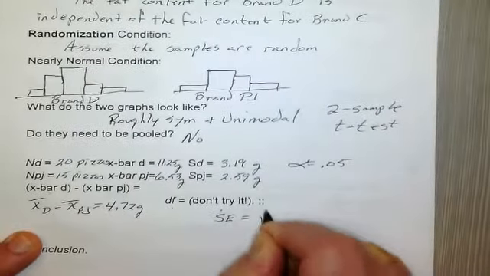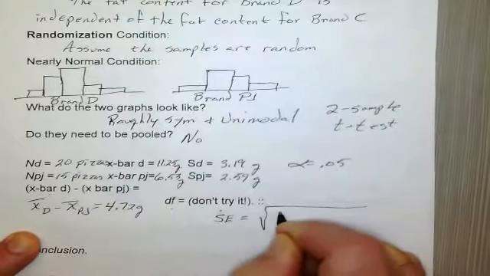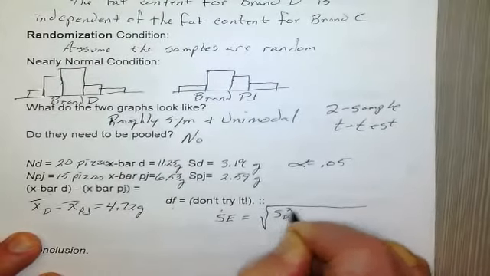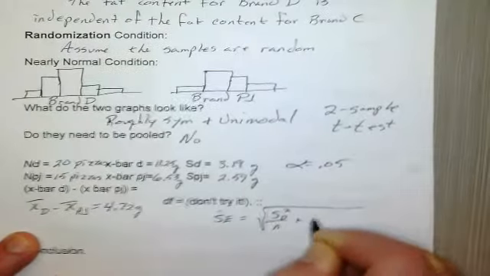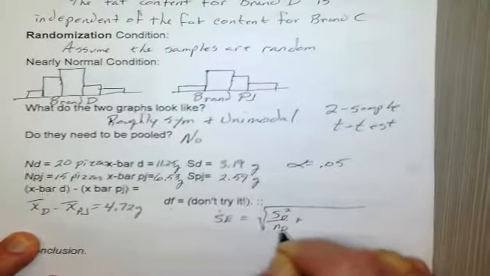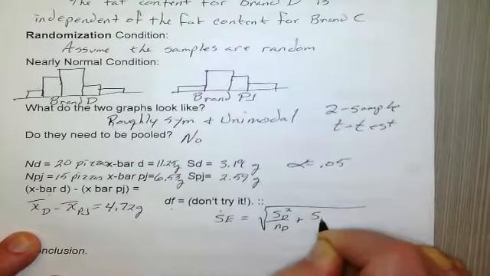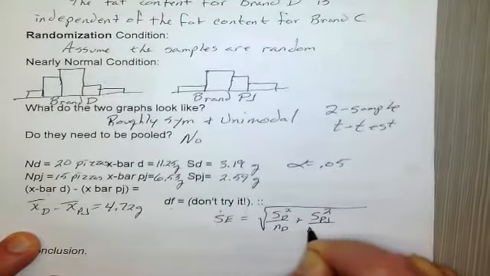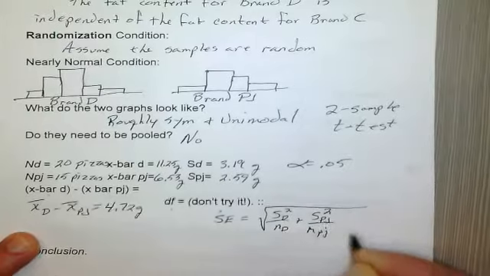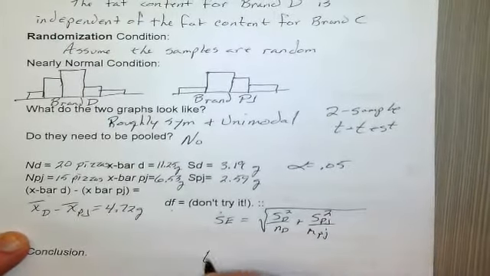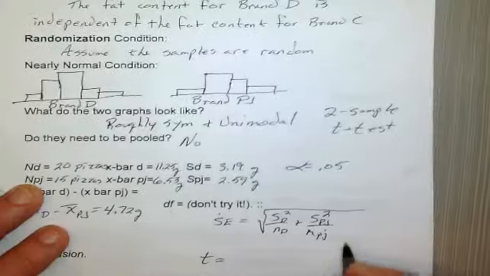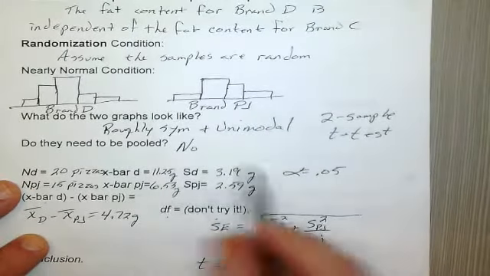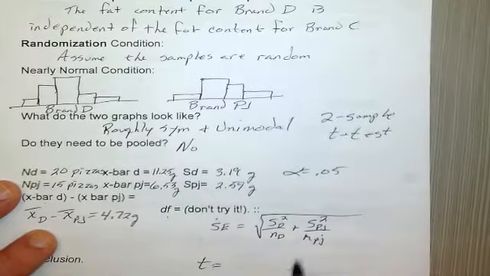So our sample statistic is the square root of the standard deviation of D squared over N of D, plus the standard deviation of PJ squared over N of PJ. And I'm not going to write those numbers because I don't want to make a mistake. We've already defined those over here, so no reason to go anywhere else with that.